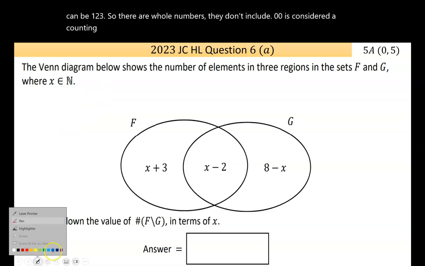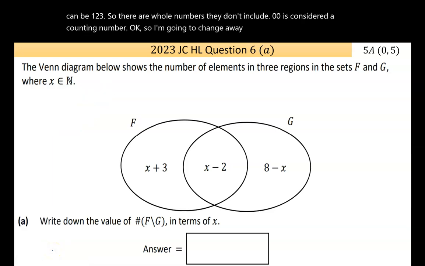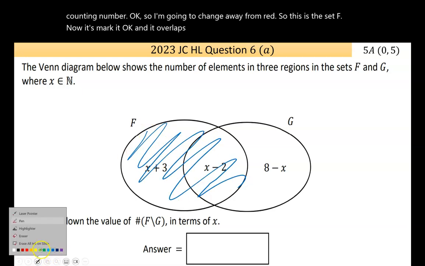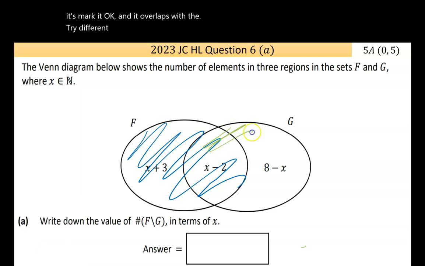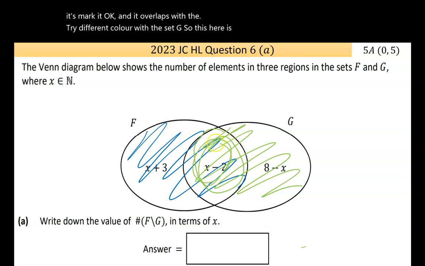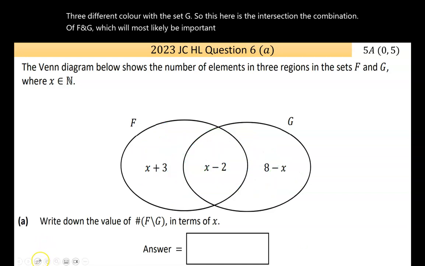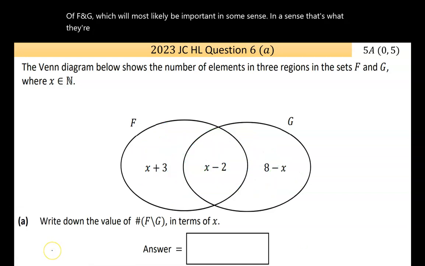So this is the set F, and it overlaps with the set G. So this here is the intersection, the combination of F and G, which will most likely be important in some sense. That's what they're trying to assess, your understanding of that.